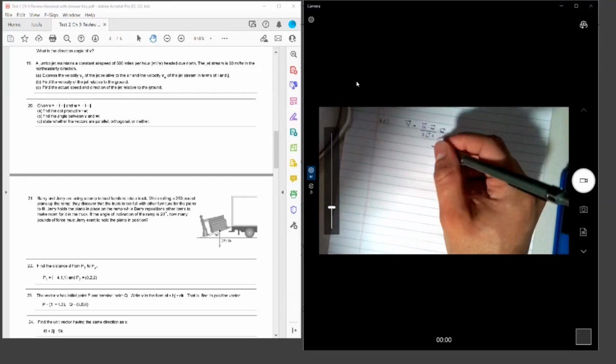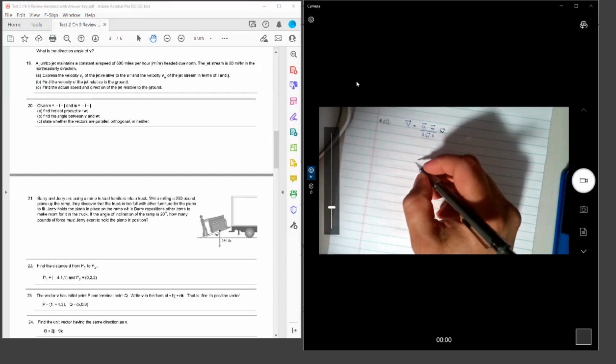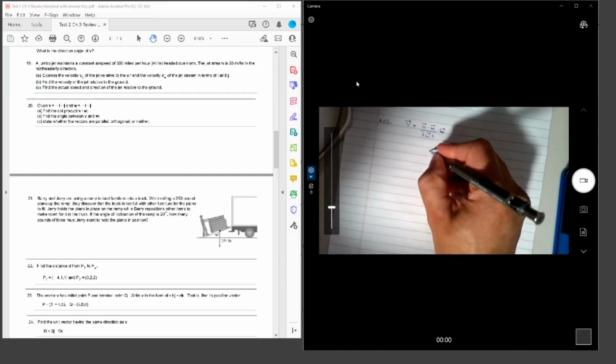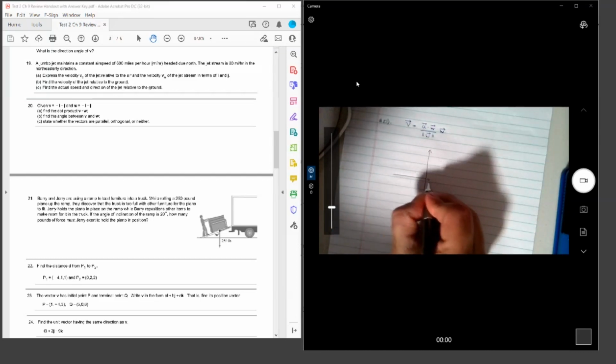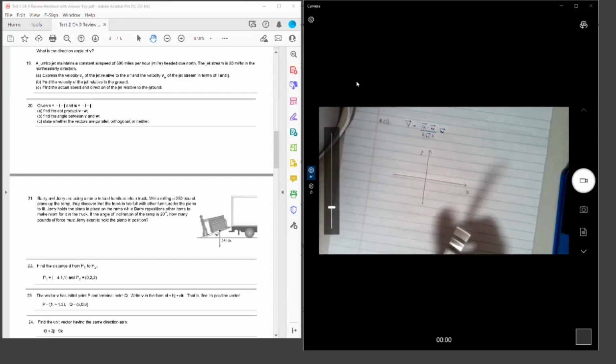So let's see if we can put the information that they're telling us in the XY plane. Okay, so here's the Y axis. Here's the X axis. Okay, so let's see if we can picture this.